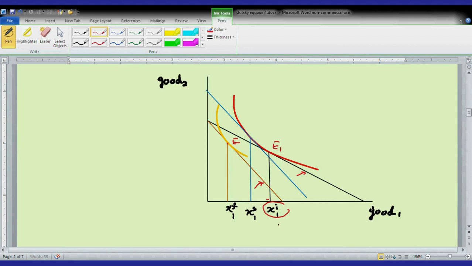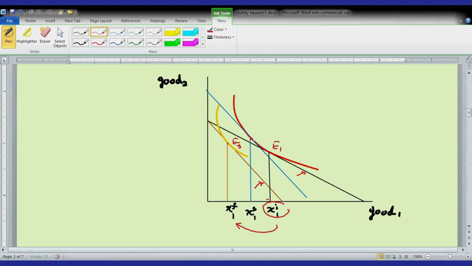Again, the total change is from x1i to x1f, and then we compensate the individual, this time not for the loss in purchasing power, but to the extent that the household is able to get back to the previous level of satisfaction.